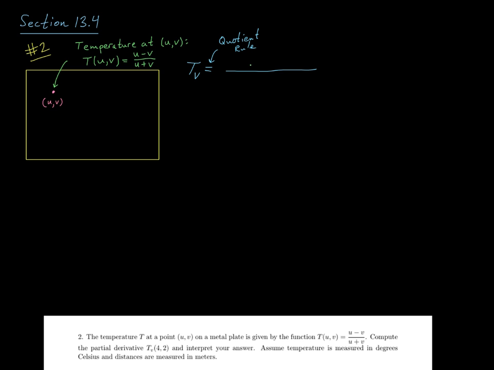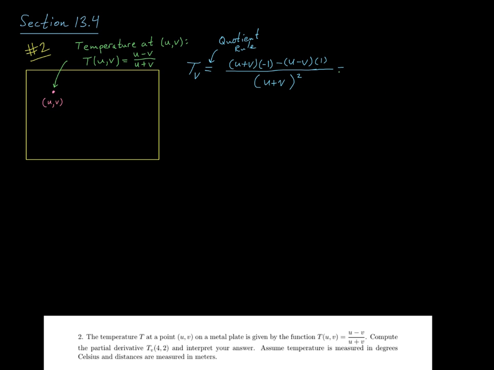So I'm going to do low, which is u plus v, d high, the derivative of the numerator with respect to v, which in this case is negative 1, minus high, that's the numerator, u minus v, d low, the derivative of the denominator with respect to v, which would just be 1, and then I'm going to divide by the square of what's below, in other words, (u plus v) quantity squared.